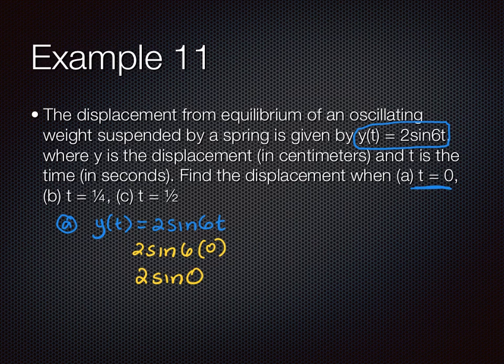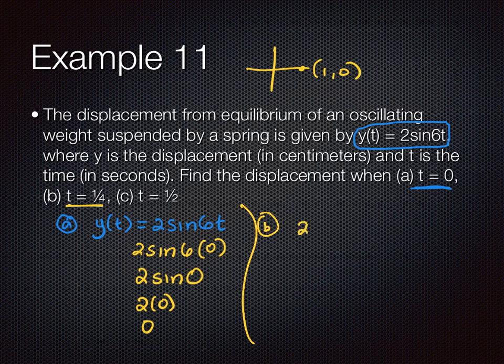What is the sine of 0? 0, right? The y on 0 would be 0. So 2 times 0 is 0, which should make sense. The displacement doesn't start, right? It starts at 0, okay? Then a weight would pull it down.